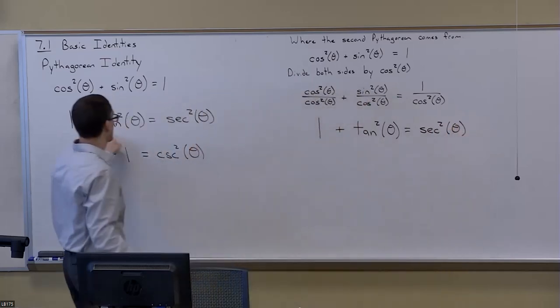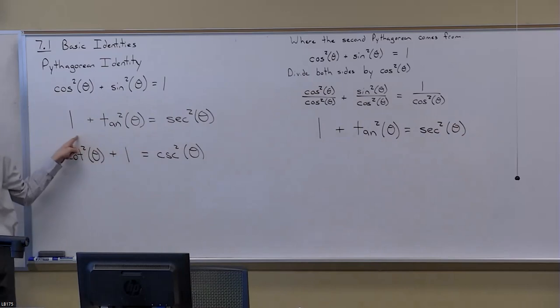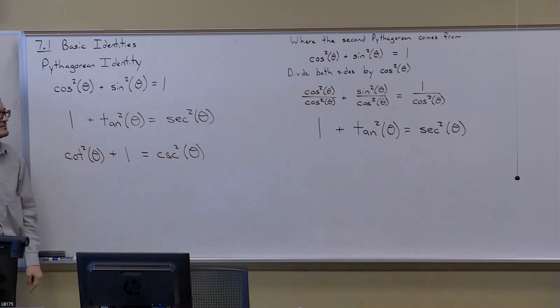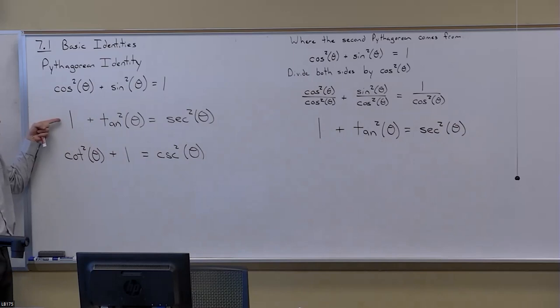And that's exactly what this identity is: 1 plus tangent squared is secant squared. So the second Pythagorean identity is just my original Pythagorean identity divided by cosine squared on both sides.